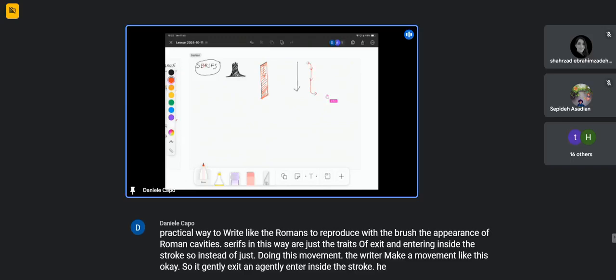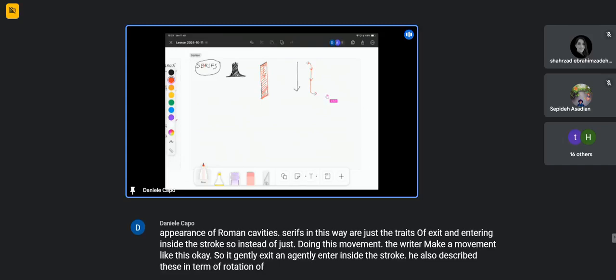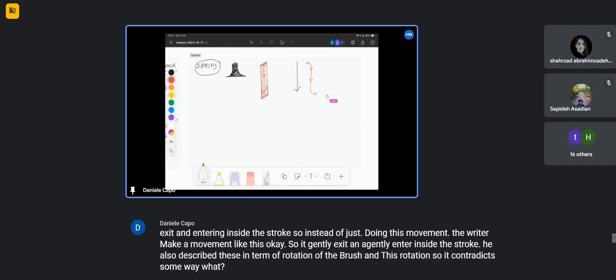He also described this in terms of rotation of the brush. This rotation contradicts in some way what I just said about the fact that you keep the brush at a constant angle.